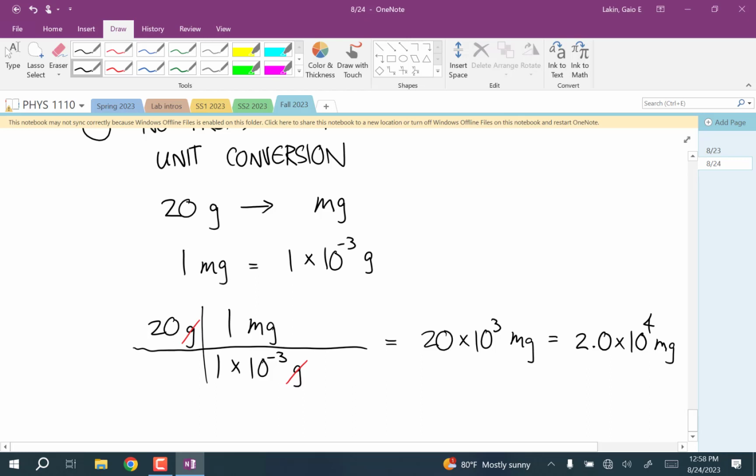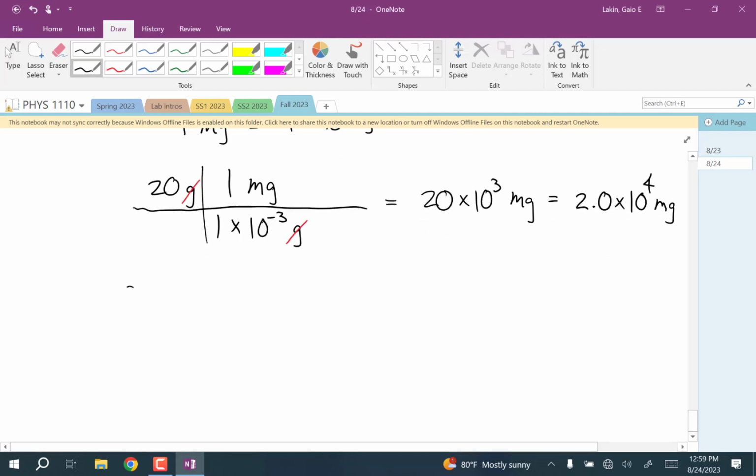Okay, let's do one more problem. I'll write the problem up here and then give you a little time to work on it. Let's say that we have 15 micrometers, which you say as microns.